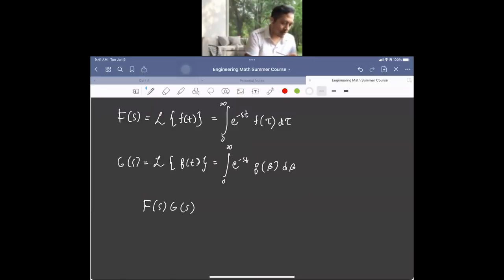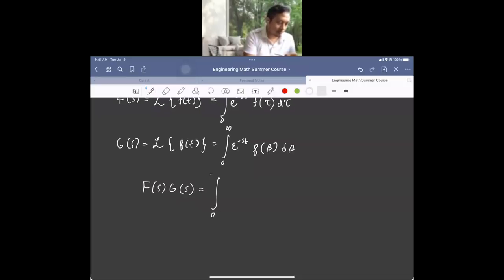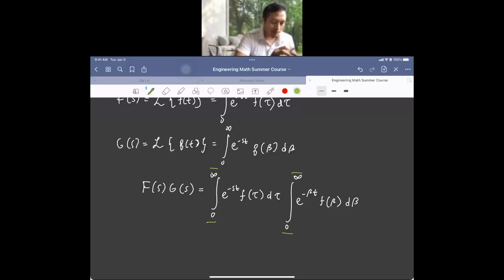And by taking F multiplied with G, we simply take these two integrations, and remember we have 0 to infinity for the integration.